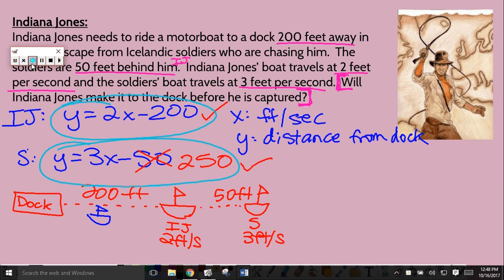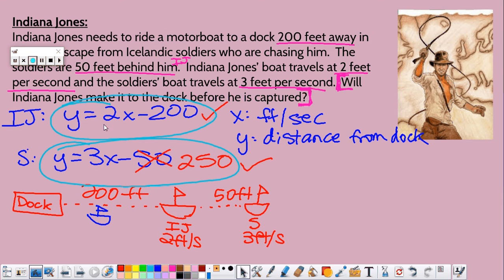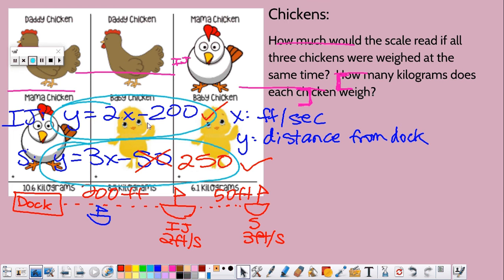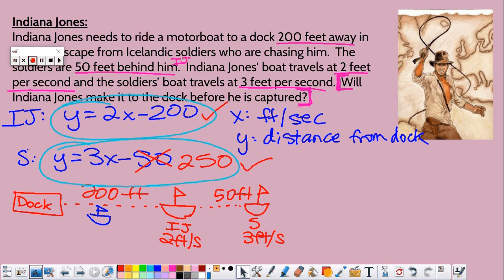What is that X value actually going to represent? The second. So what do we need to change our x value to? Time in seconds, not feet per second. Feet per second is the 2, or the 3, right? Okay, so what does our x value actually represent?